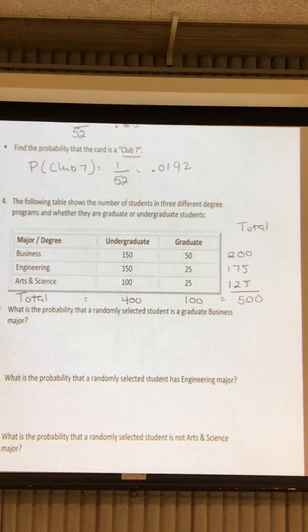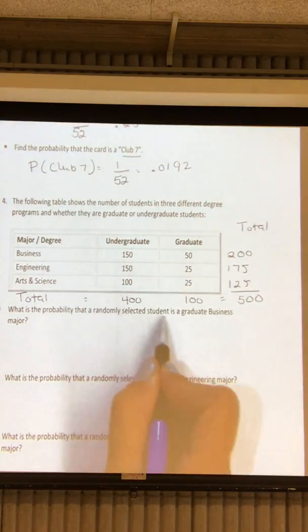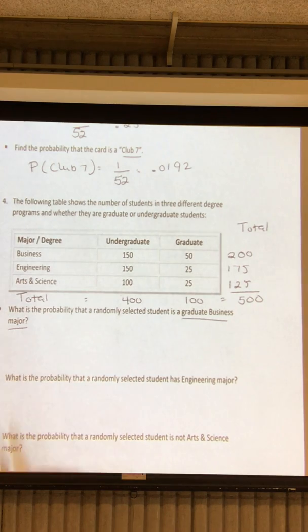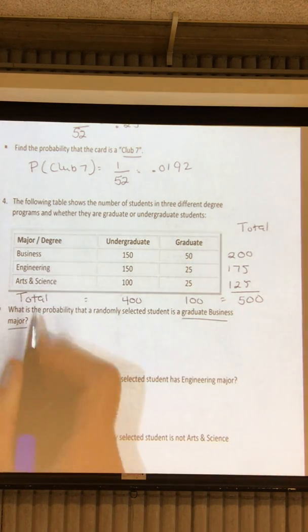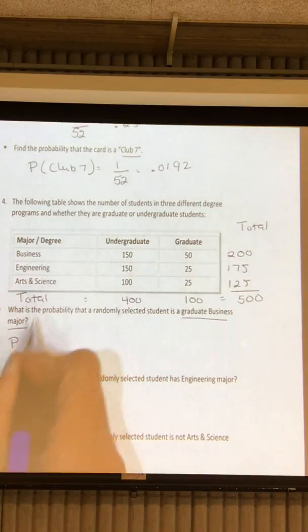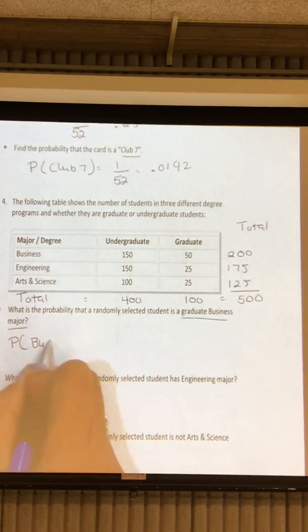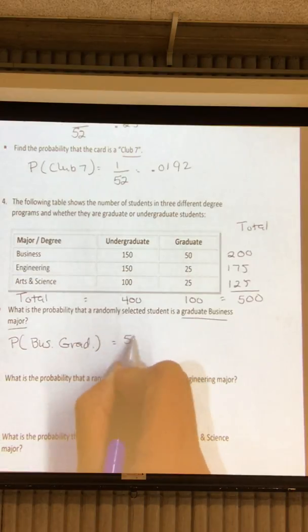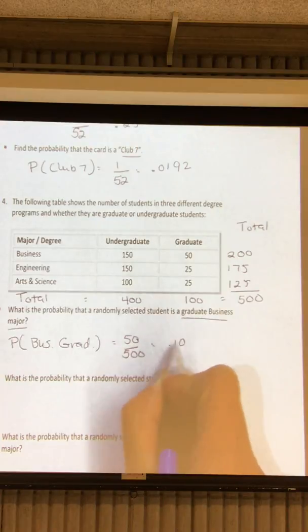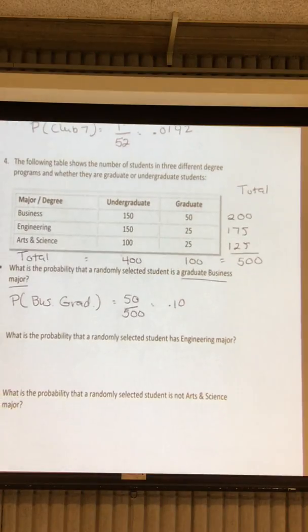What is the probability that a randomly selected student is a graduate business major? So graduate business major is 50. So the probability that he is a business graduate, and that is 50 over the total of 500, which equals 0.10.